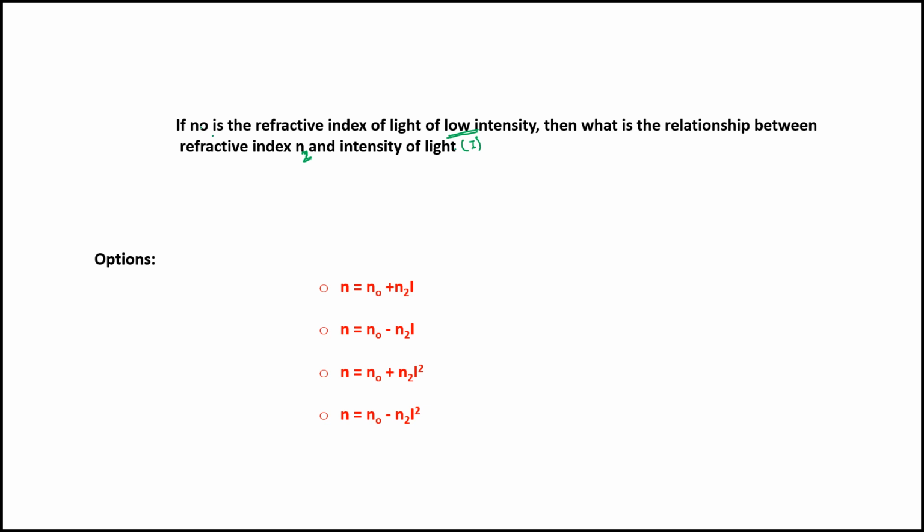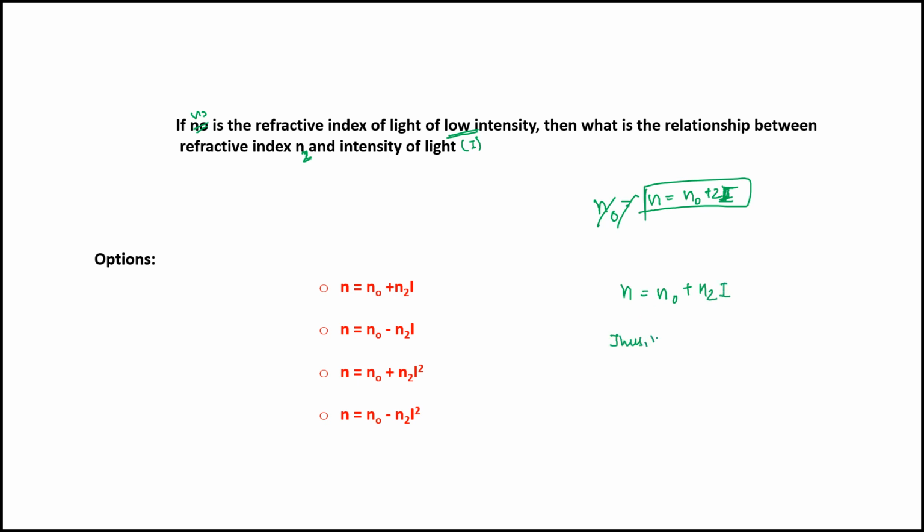The relation that you get is N equals N0 plus N2 times I. So the refractive index depends on the intensity of light. The higher the intensity of light, the more will be the change in refractive index.